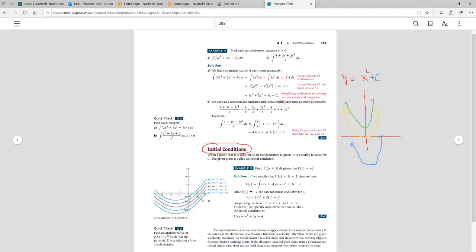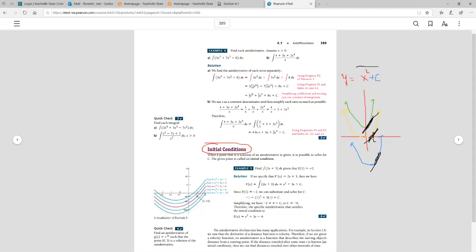For example, if I want to know the derivative when x is equal to 2, the slope of the tangent line here on the original would be the same as the slope of the tangent line here on the translated version below. In other words, these would be parallel lines, so the derivatives would be the same for that x value.